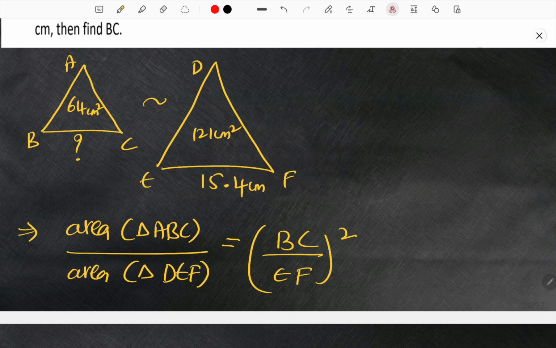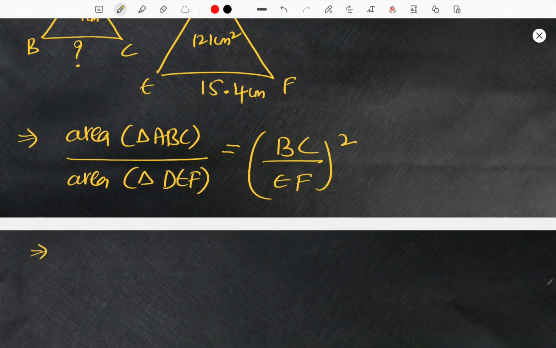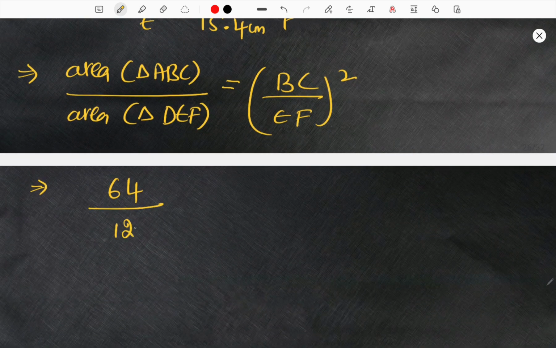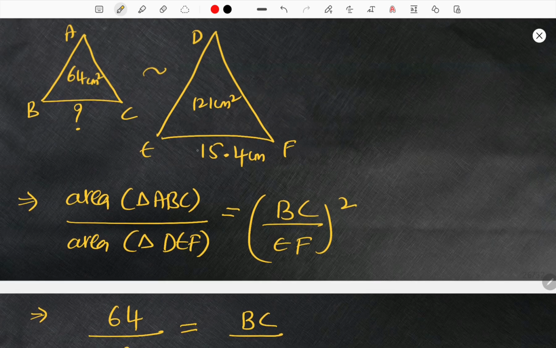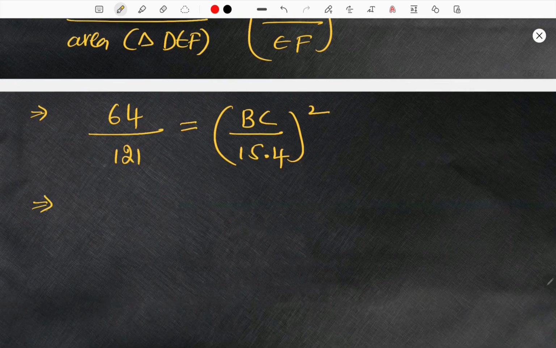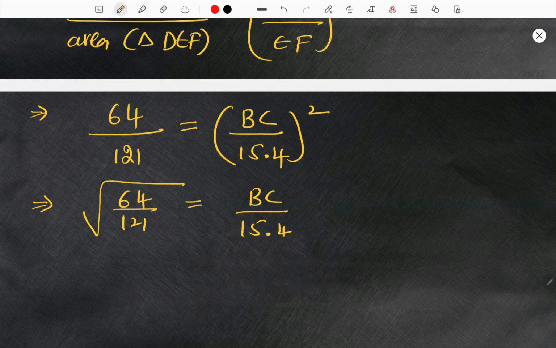Area of triangle ABC is 64, area of triangle DEF is 121, and that is equal to BC, which we don't know, divided by EF, which is 15.4, whole square. Let me send that square to this side. It becomes square root of 64 divided by 121 equals BC divided by 15.4.